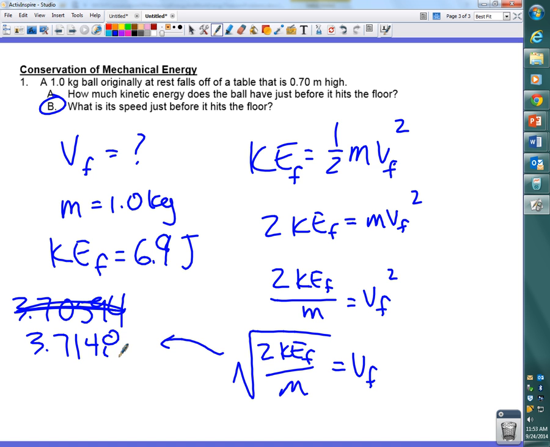Okay, 3.748. Sorry, everybody. I used my unrounded answer when I did my thing. But still, we have to round this to how many sig digs? 2. So our final answer, 3.7, and because it's a speed, meters per second. Good there?